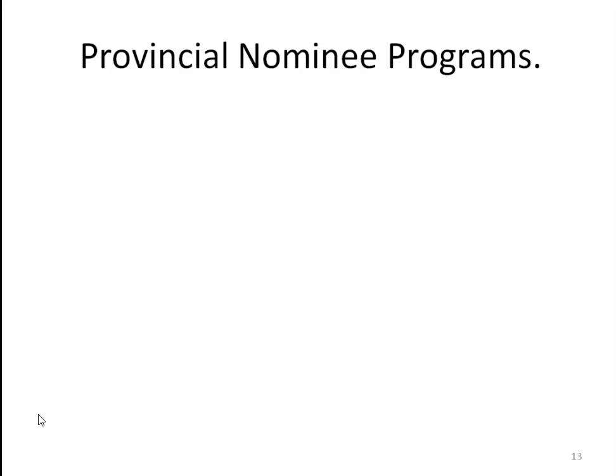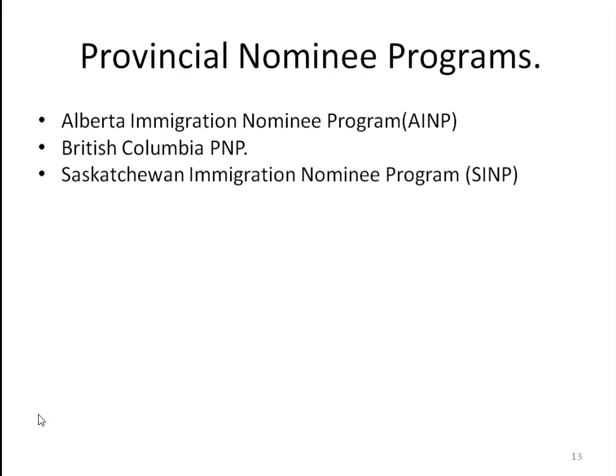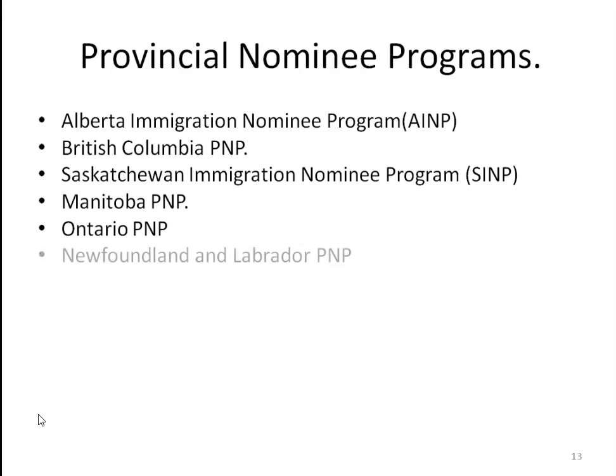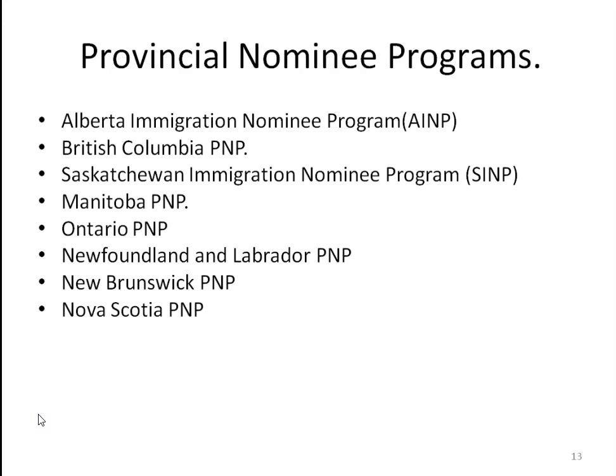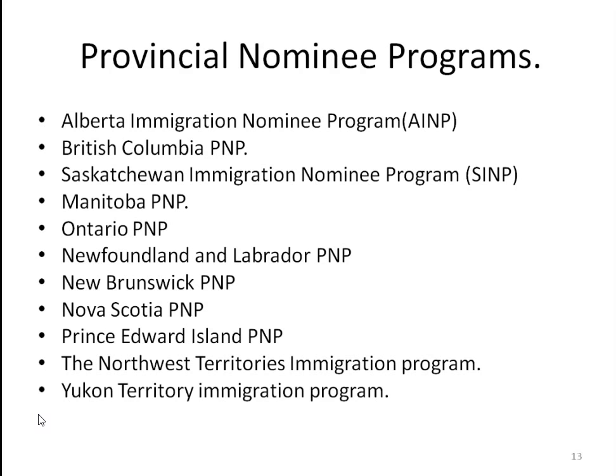Among these ones we can find the Alberta Immigration Nominee Program, the British Columbia PNP, the Saskatchewan Immigration Nominee Program, SINP, the Manitoba PNP, the Ontario PNP, the Newfoundland and Labrador PNP, the New Brunswick PNP, the Nova Scotia PNP, the Prince Edward Island PNP, and the Northwest Territories Immigration Program, and finally the Yukon Territory Immigration Program.